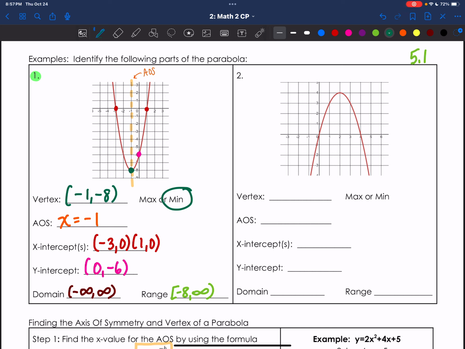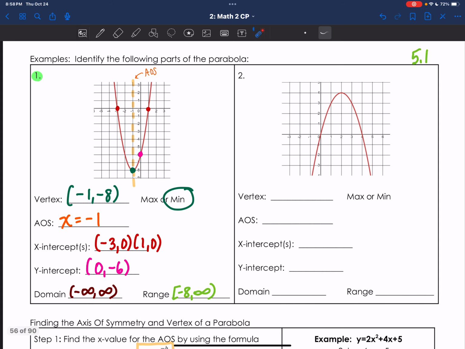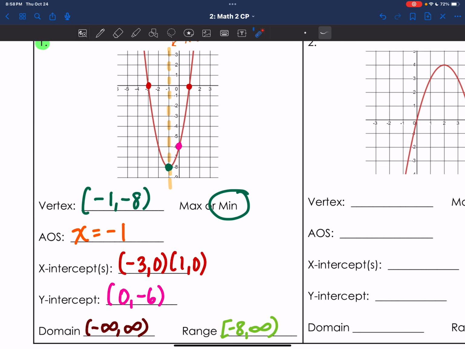At that point, that's the bottom-most point of your parabola. And the vertex I have as this point, which would be -1, comma, -8. And since it opens up, this is the lowest point of your parabola. It's a minimum.